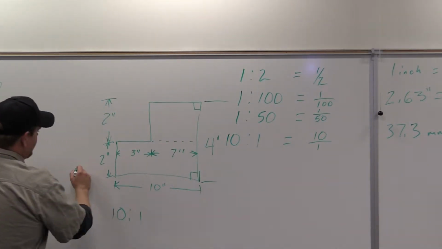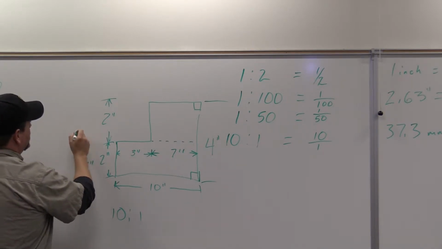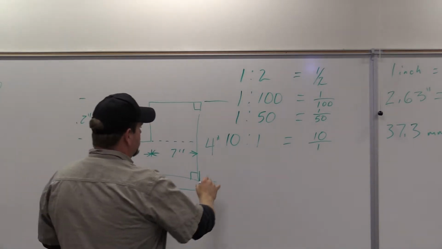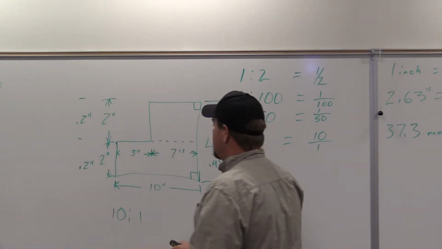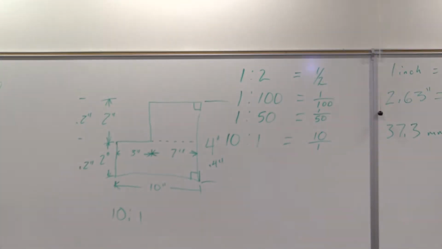So in real life, 0.2 inches, 0.2 inches, 0.4 inches, and so forth. Okay? It's important sometimes when we're working with small parts to be able to take the ratios and make them applicable to a real life part size.